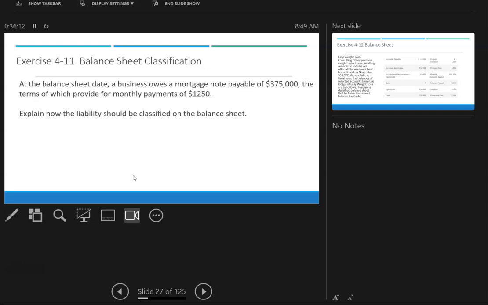The rest, the $375,000 less the $15,000 or the $360,000 will be a long-term liability because that is not going to be paid within the current period. Does that make sense?